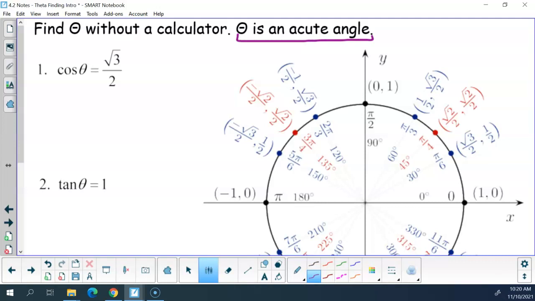With that being said, where am I on the unit circle? If theta is an acute angle, quadrant 1, and only quadrant 1. Because quadrant 1 is the only spot where acute angles live on the unit circle.